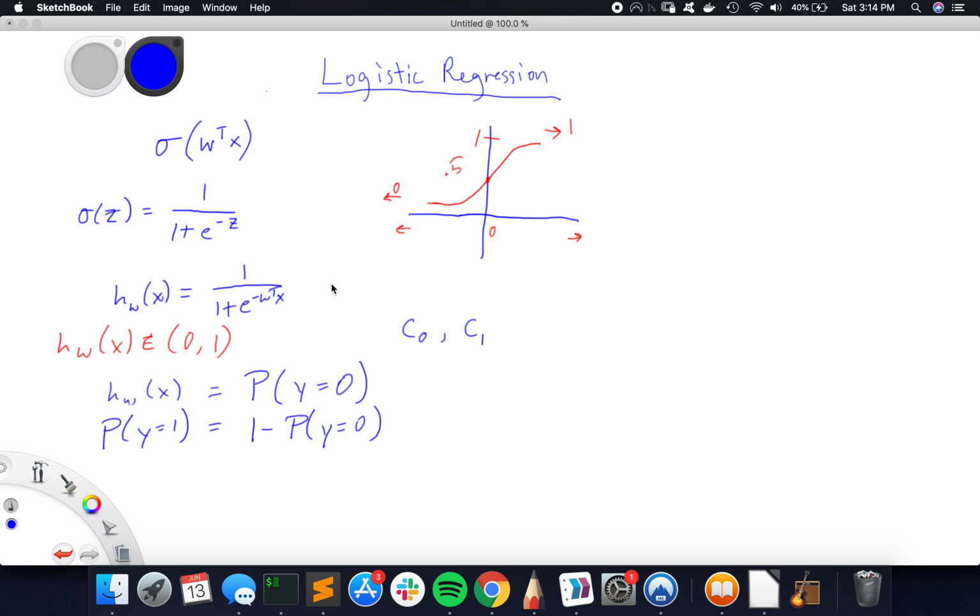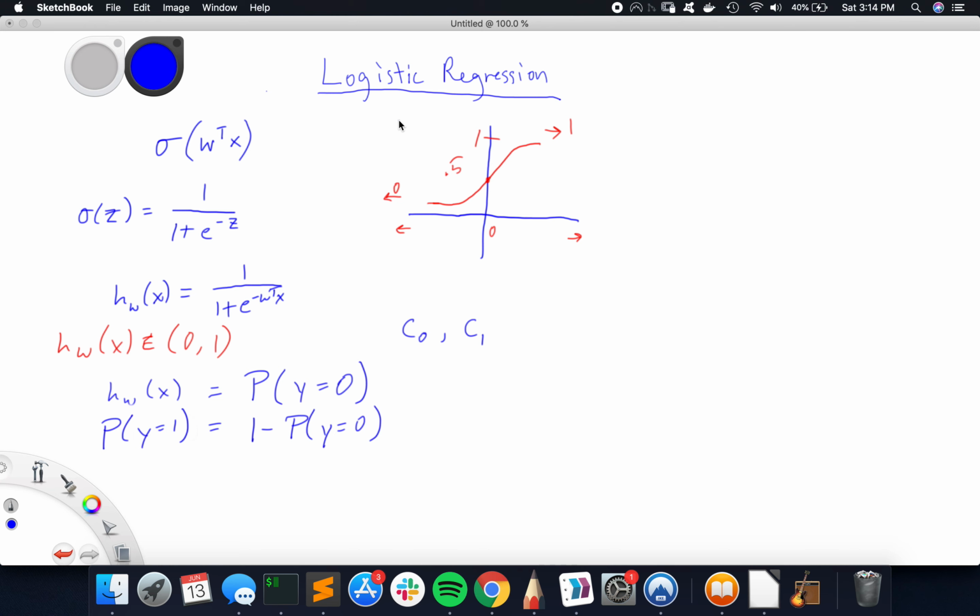In an interview they might ask you questions about that. They might say, how does logistic regression differ from linear regression? You can say it's basically a linear regression model fed through a sigmoid layer of sorts, and that gives you a probability that your output is going to be in one of the two classes to which it can belong.